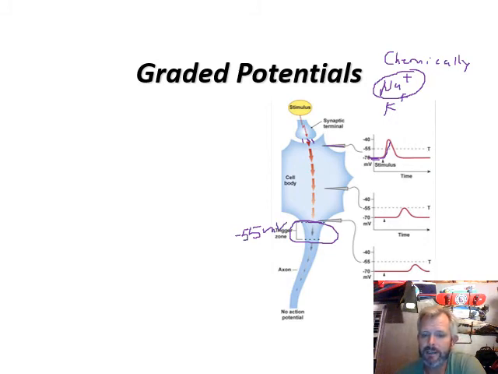Okay, here's that negative 55. Trying to reach negative 55 here because that's going to be the cue for our action potential. Remember, our graded potentials are going to be the cue to ultimately send that long distance electrical signal down the axon.